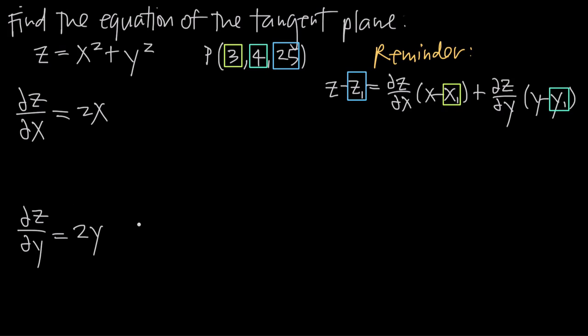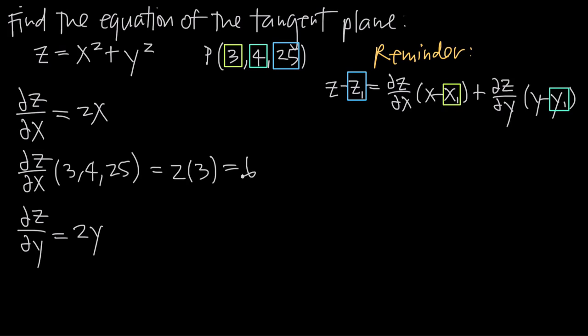Those are our partial derivatives, but now we have to evaluate them at this point before we can plug them into our formula. Evaluating the partial derivative of z with respect to x at the point (3, 4, 25) gives 2 times x. Well, x is just 3, so 2 times 3, or 6. This is the value we plug in for the partial derivative of z with respect to x. Now we evaluate the partial derivative of z with respect to y at the point (3, 4, 25).